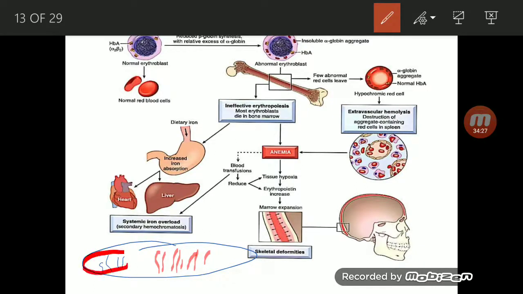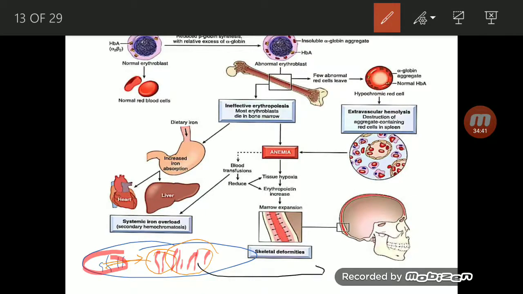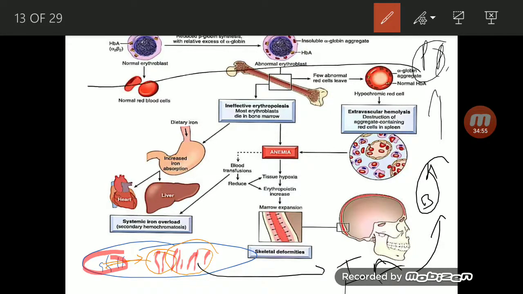So 4 beta that has been produced will go and bind with 4 alpha and then form a normal hemoglobin, whereas the rest of the alpha are unpaired. So these unpaired alpha chains normally form insoluble aggregates, which is known as your Heinz body, and these insoluble aggregates go and precipitate in your RBC. This precipitate is going to damage the membrane of your RBC. So the damaging of your membrane is going to lead to reduced lifespan of your RBC, correct?